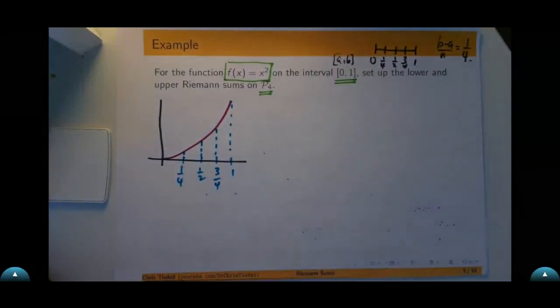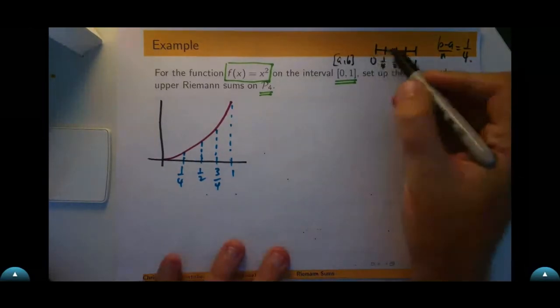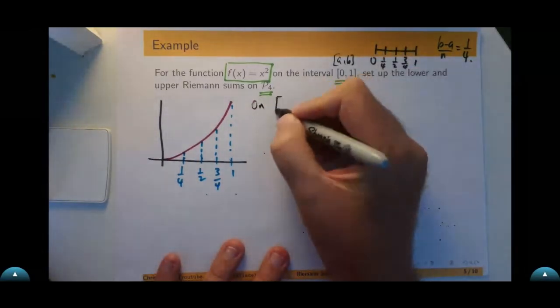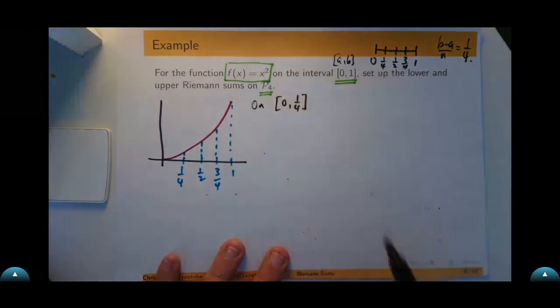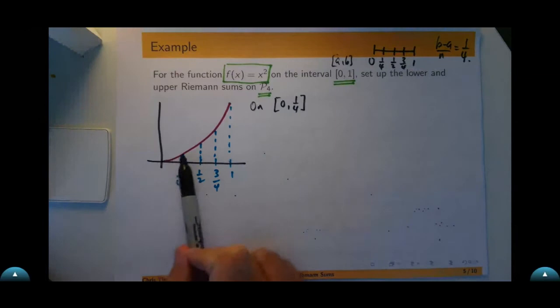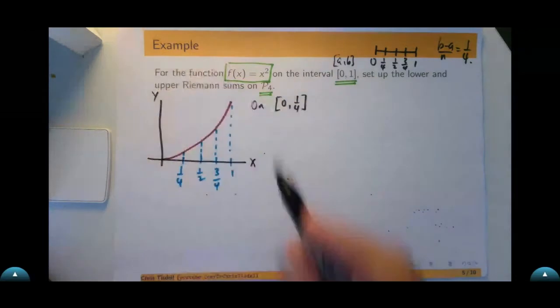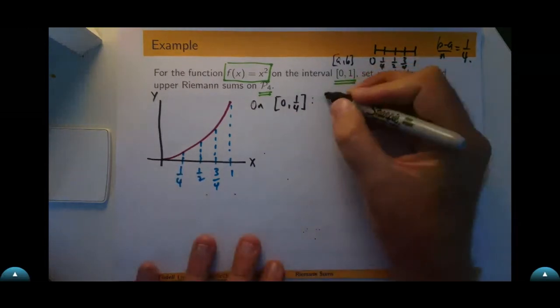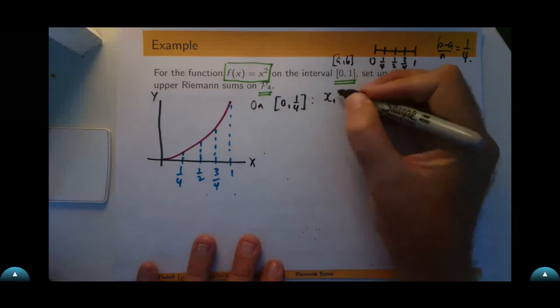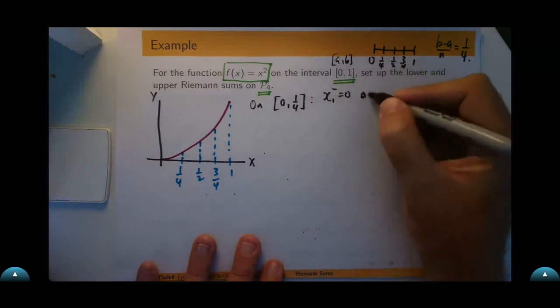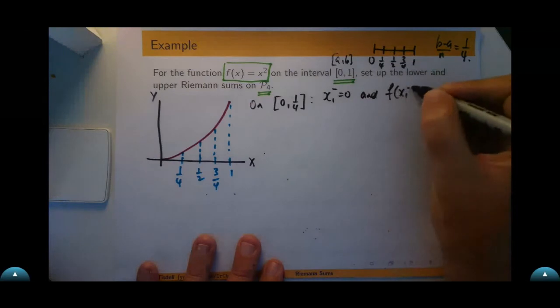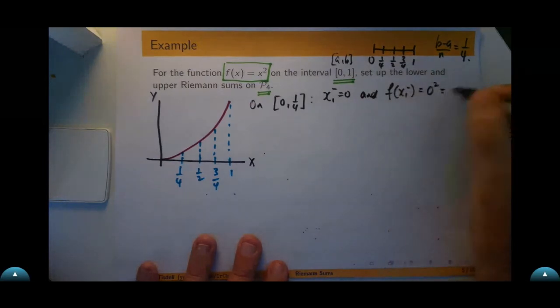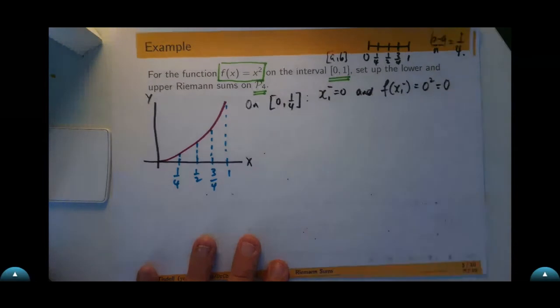So if I'm on the interval 0 to 1/4, that's the first bit. Where does the minimum value of f occur on the interval 0 to 1/4? Who can tell me in the chat? If I'm on this interval, yeah, Abdul Rahman, it occurs at 0, right? So x1 minus equals 0, and f of x1 minus equals 0 squared, because we squared the function, which is just 0.